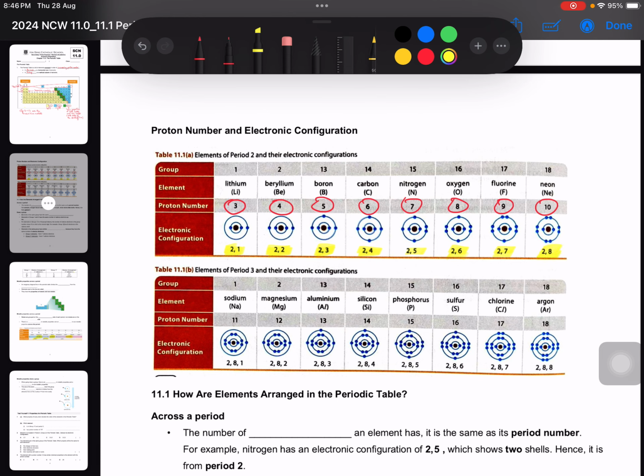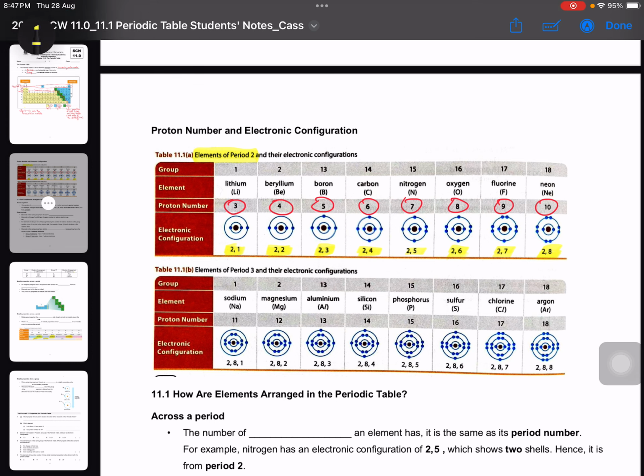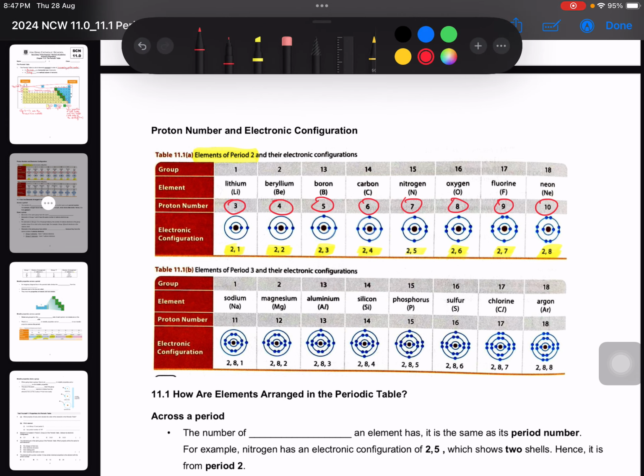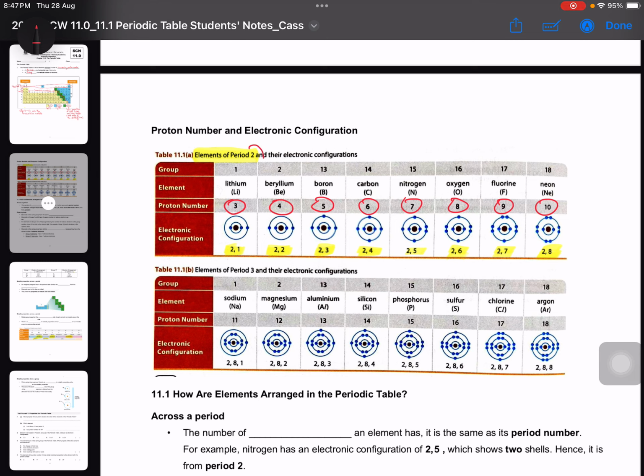Okay, so these are the elements of period 2. What do you notice about the number 2? Do they have something in common with the electronic configuration? Yes, all right. So period 2 will have 2 electron shells.